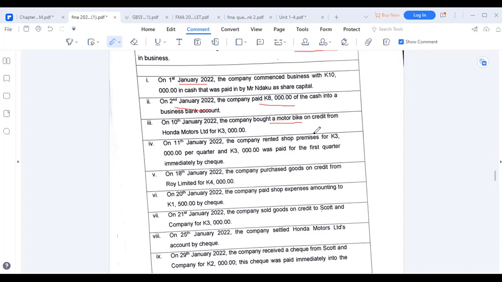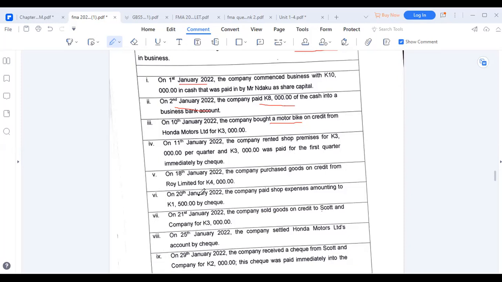So we have a rent account on that one. Then on the 18th January 2022, the company purchased goods on credit from Roy Limited for 4,000. On the 20th January, the company paid shop expenses amounting to 1,500 kwacha by check.